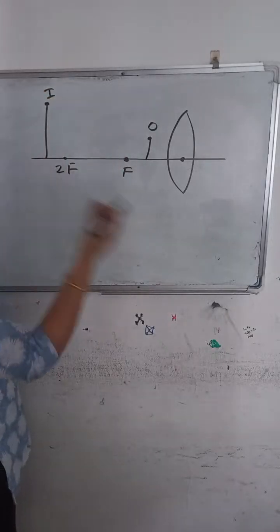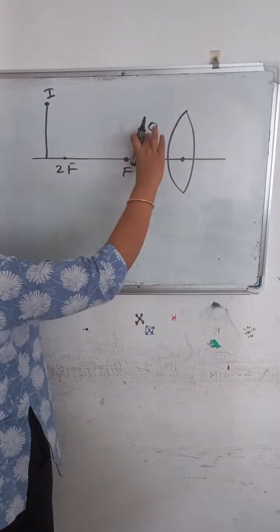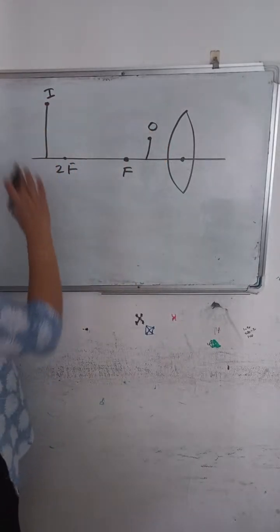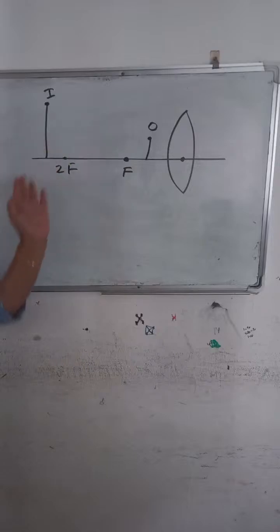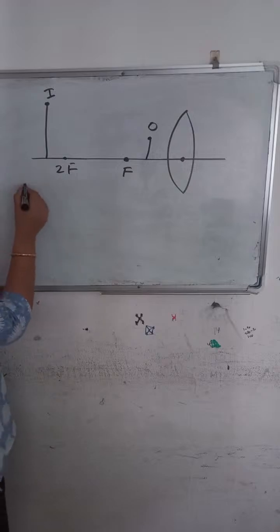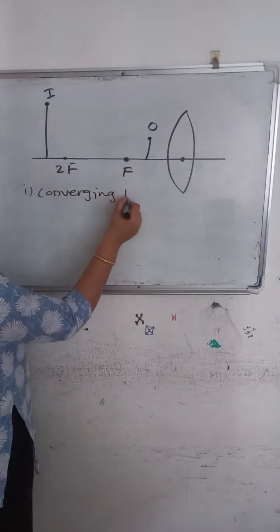So from this at least you should know the object height is smaller than the image. The image is magnified. This is a convex lens. Here they are asking which kind of lens it is. Type of lens: converging lens. First answer, converging lens.